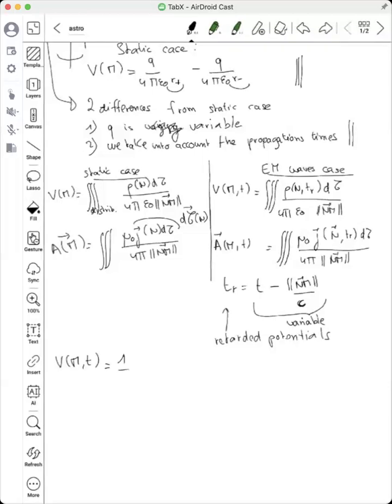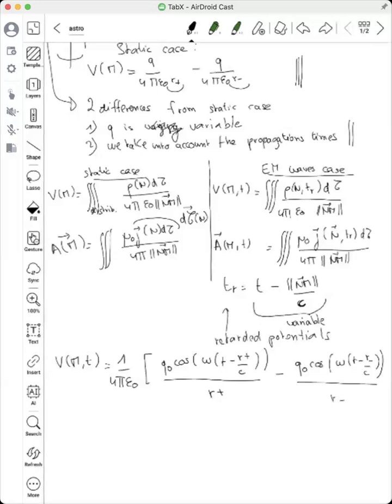So V(M,t) is going to be equal to 1 divided by 4 pi epsilon 0, Q0 cosine omega (t minus R plus over c), divided by R plus, minus Q0 cosine omega (t minus R minus over c), divided by R minus, where R plus and minus is equal, like in the static case, to the square root of r squared minus plus d r cosine theta plus d over 2 squared.